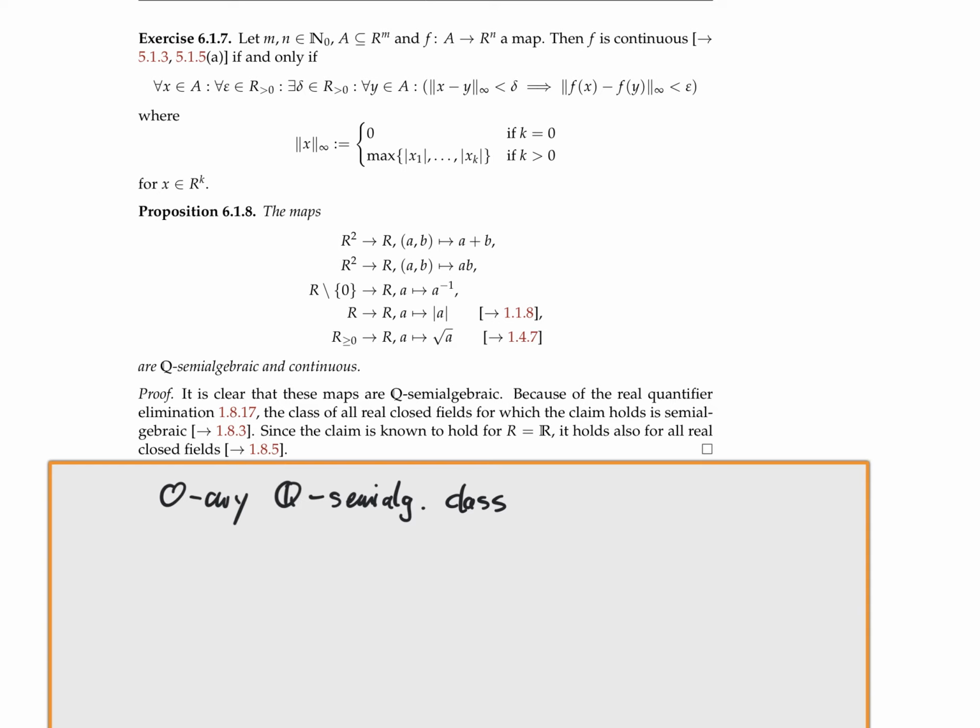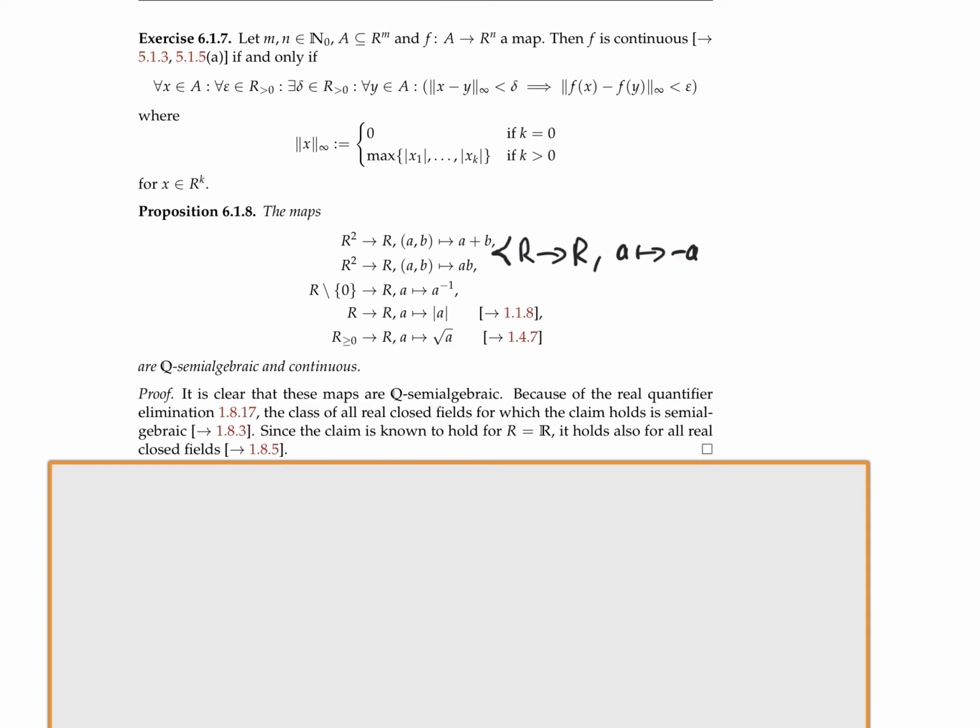At this point, I would like to point out why I did not add here another true fact. Namely, another true fact is that the map from R to R, A maps to minus A, is also continuous. You might think I should have added this because here I have multiplication and multiplicative inverses, so I should have here addition and additive inverses.